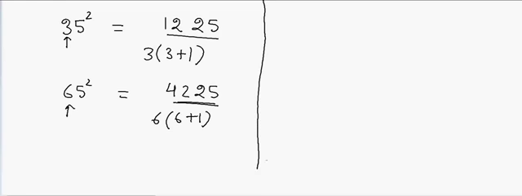Suppose we have any number which ends with 5, so that number can be written as 10x plus 5. So here if x is equal to 3, then this number will be equal to 35, right?